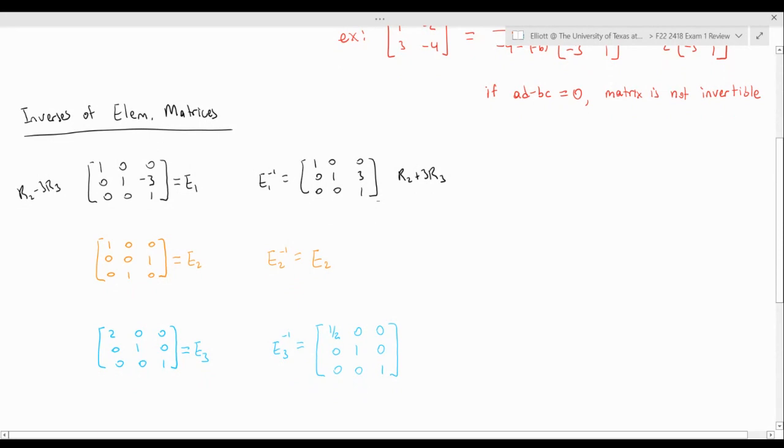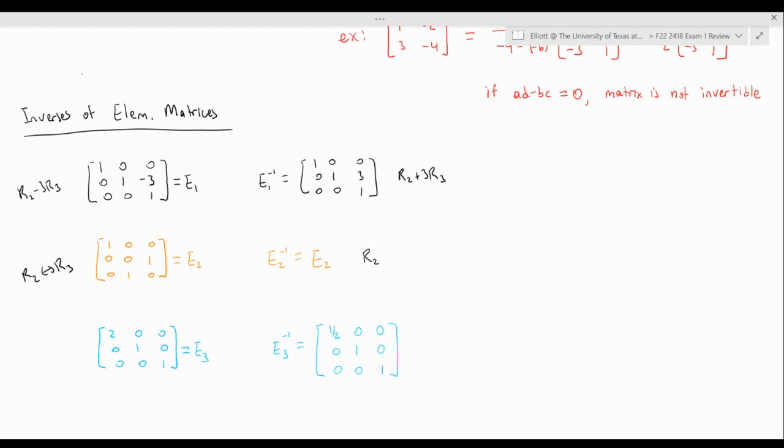So similar for the other two, so real quick, E2 corresponds to swapping rows 2 and 3. How do you undo that? You just swap row 2 and row 3 again. So that's why the inverse of E2 is itself.